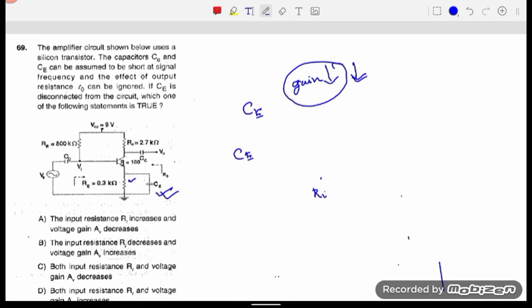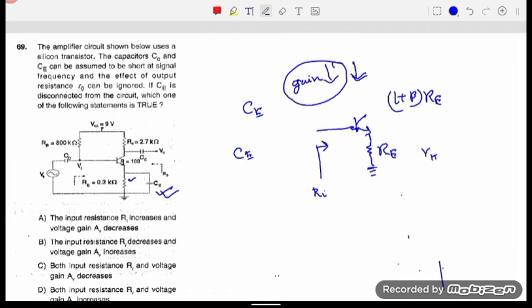So on the input side we will have an extra (1 plus beta) Re. Initially in the base side the resistance is R pi, and now we get another term (1 plus beta) Re, right? So Ri will increase and voltage gain AV decreases. So option A is correct.